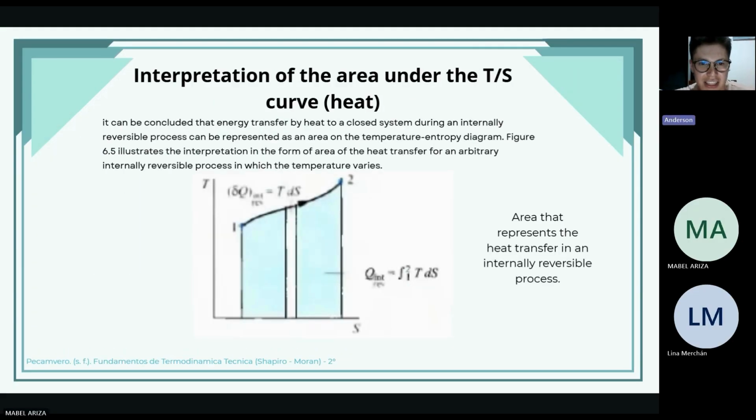Interpretation of the area under the T-S curve as heat. It can be concluded that energy transferred by heat to a closed system during an internally reversible process can be represented as an area on the temperature-entropy diagram. Figure 6.5 illustrates this area interpretation of the heat transfer for an arbitrary internally reversible process in which the temperature varies. This area represents the heat transfer in an internally reversible process.